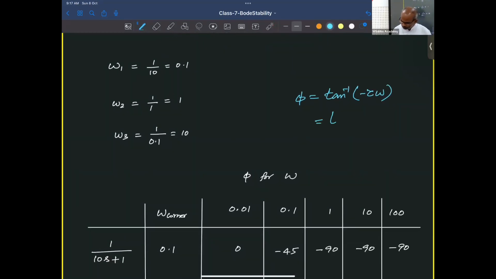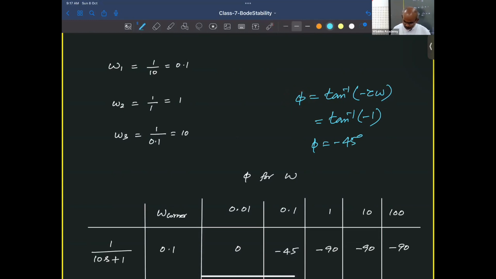So we have tan inverse of minus 1, which is a phase angle of minus 45 degrees. Of course, in the limit of omega tending to infinity, tan inverse of minus infinity will get a phase angle of minus 90.